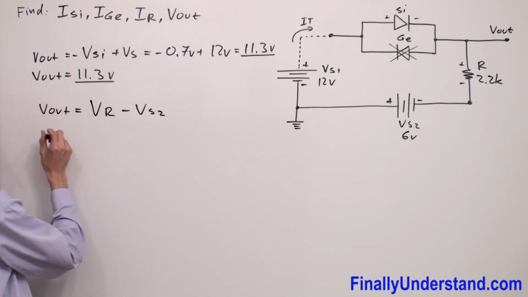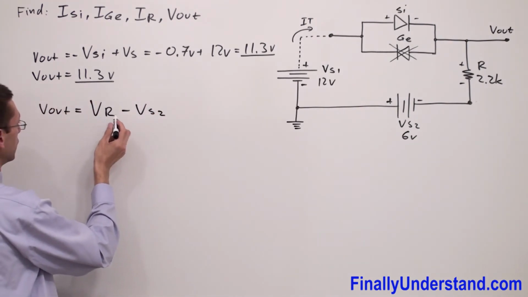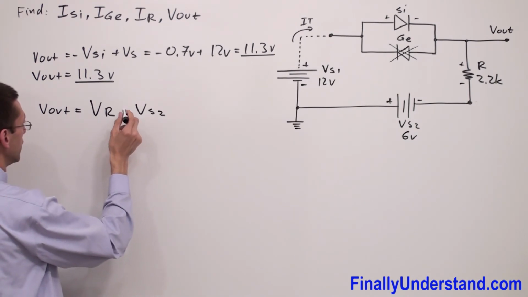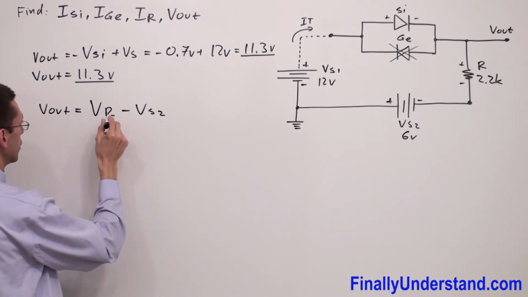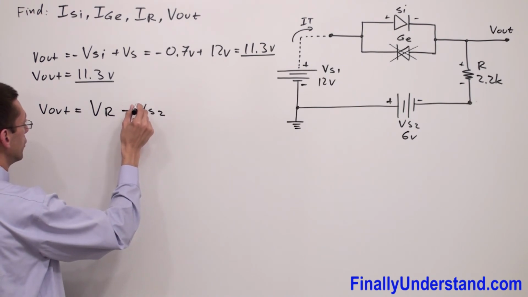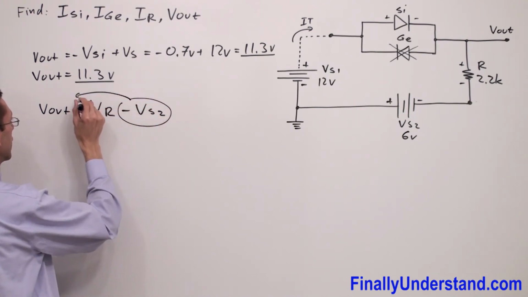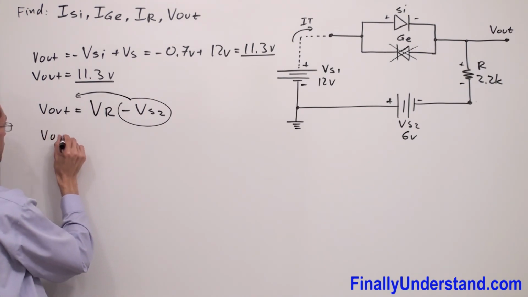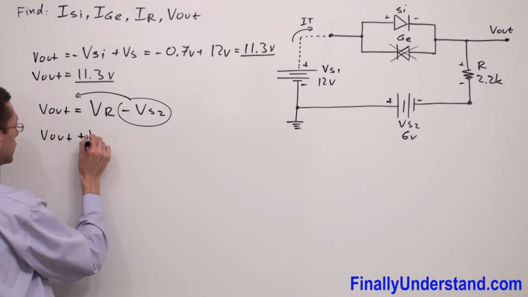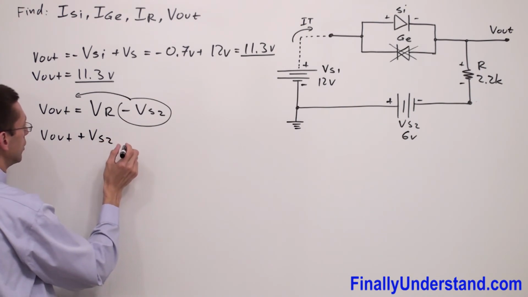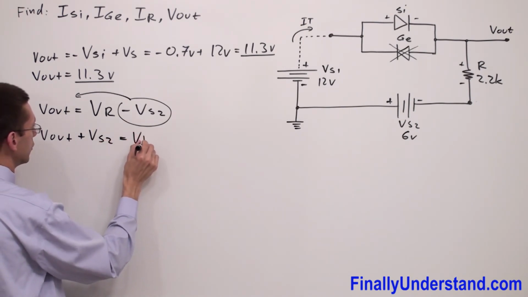So I can say that in order to find VR, I'm supposed to use simple algebra. I have to solve this equation for VR. I'm going to move negative voltage source 2 to the other side, and I'm going to have V out plus VS2 is equal to VR.